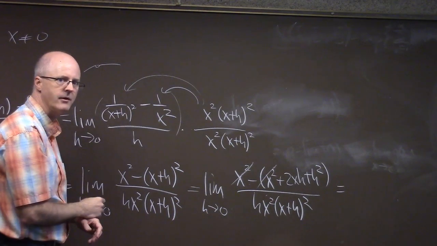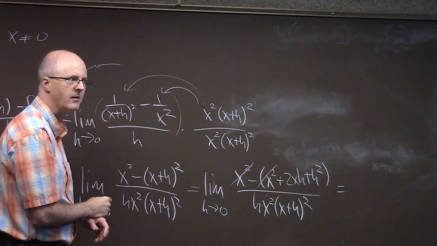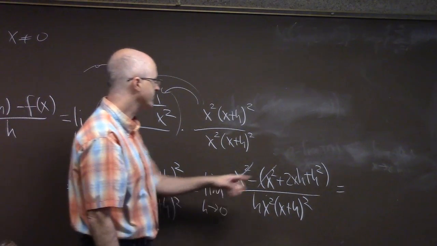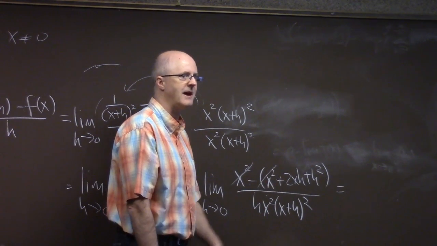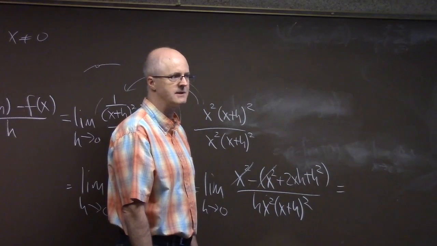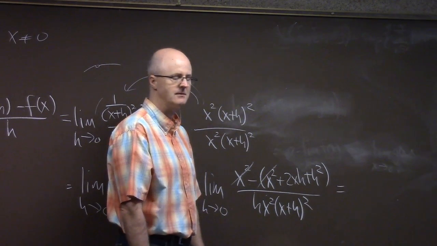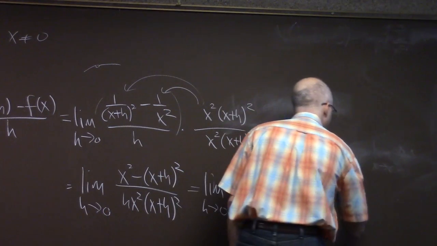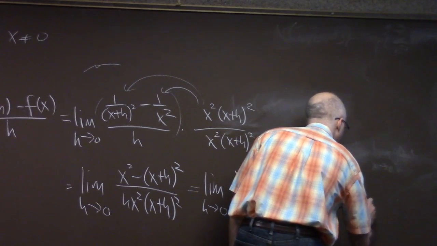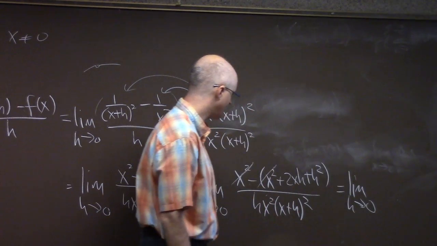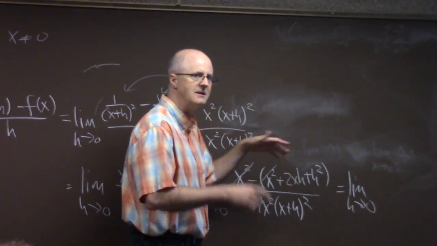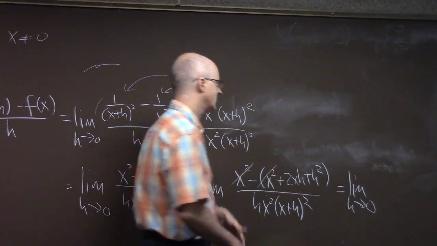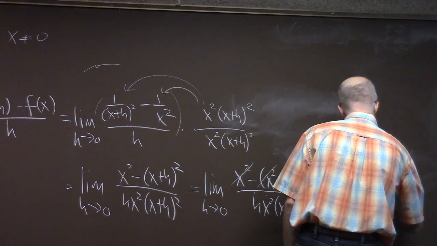There'll just be a hole in the graph at h equals 0. So ultimately, dividing h out will be justified by the fact that the resulting function will be continuous at h equals 0 and will have a limit. So I'm going to do 2 steps at once here. Bring the negative sign through, divide out the h's, and write it now like this.